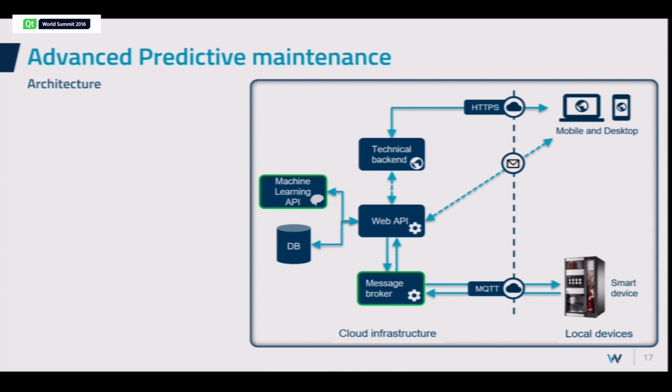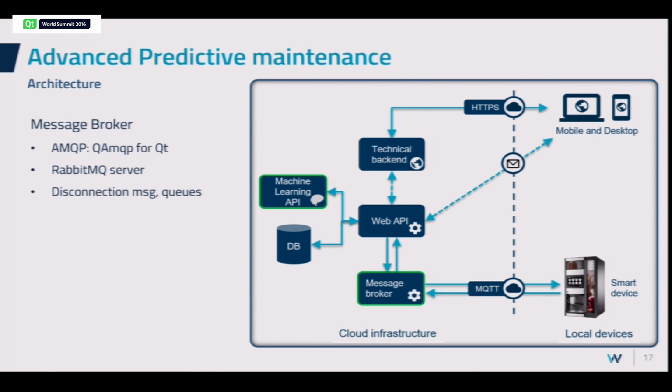And here is our architecture, just slightly different. Now you have your message broker and machine learning API, and the time is very short, so I will go very quickly. The goal of the message broker is to keep information when you have a disconnection of your machine, and to be able to use queues.